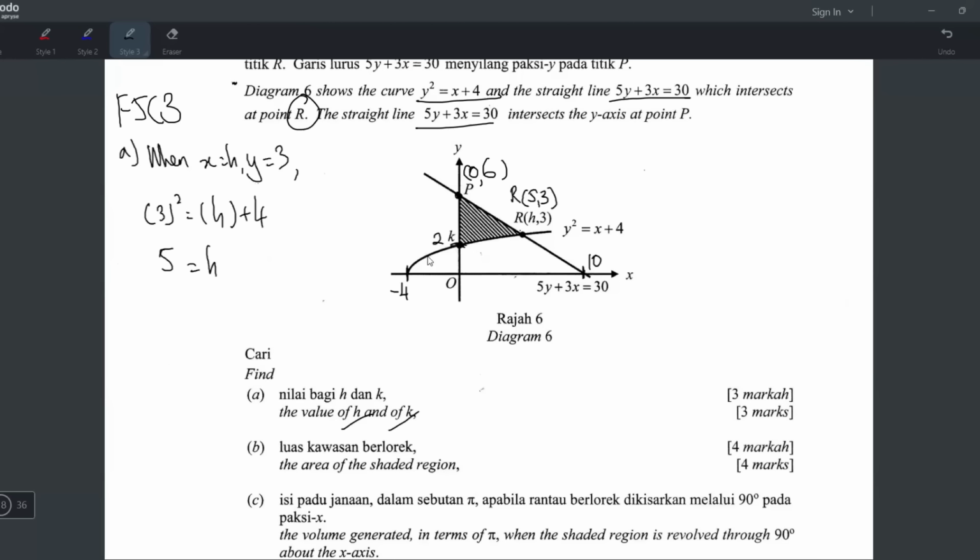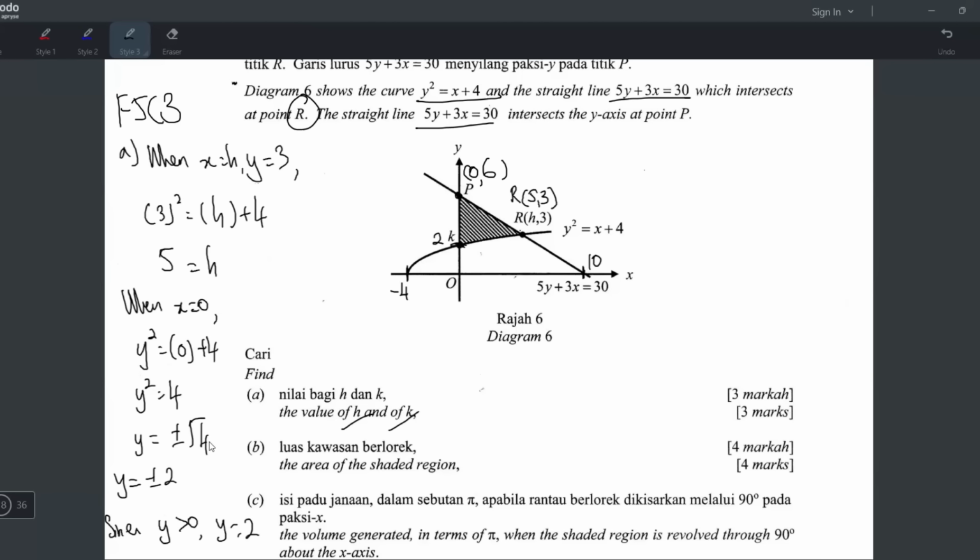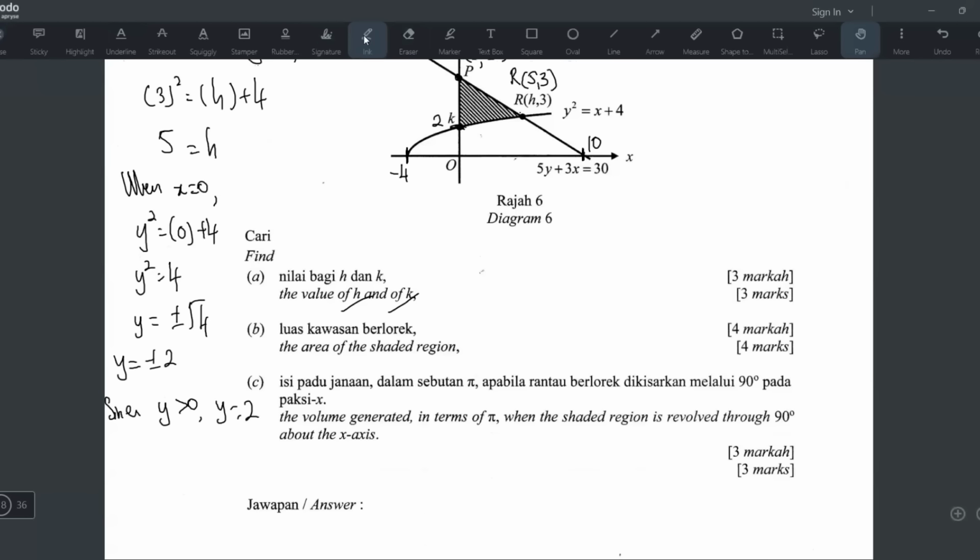And then for point K, you will sub when x equals 0, right? Inside this equation. So your y square equals 0 plus 4. And then y square equals 4. Y equals plus minus square root 4. Y equals plus minus 2. And then since y has to be bigger than 0, y must be 2. And that also means K is 2.